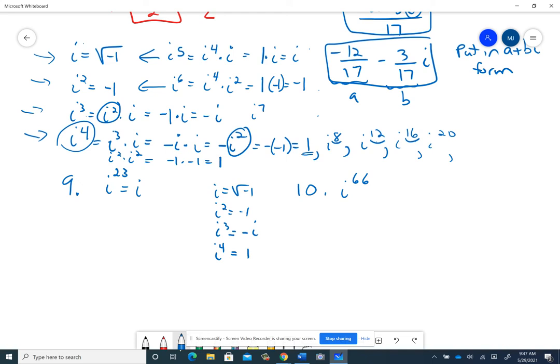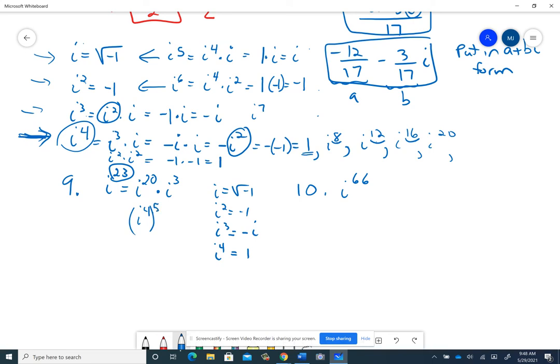So what you do, the easiest thing to do is to look at that and say, okay, i to the 23rd is i to the 20th with 3 leftover i's. And i to the 20th would fall here because it's a multiple of 4. So it's like there's i to the 4th 5 times. This is i to the 4th raised to the 5th power.